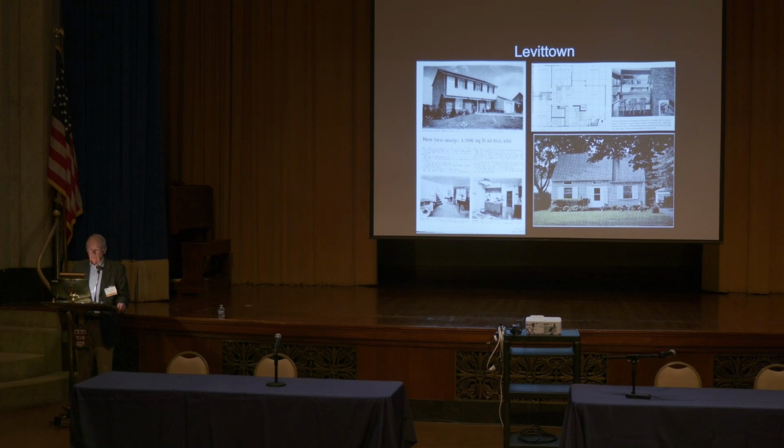The one on the left, as you can see, is the new two-story at 1,700 square feet, a little bit less than $15,000 for it. On the right is another model that is expanded a little bit with a little bit more space in there.